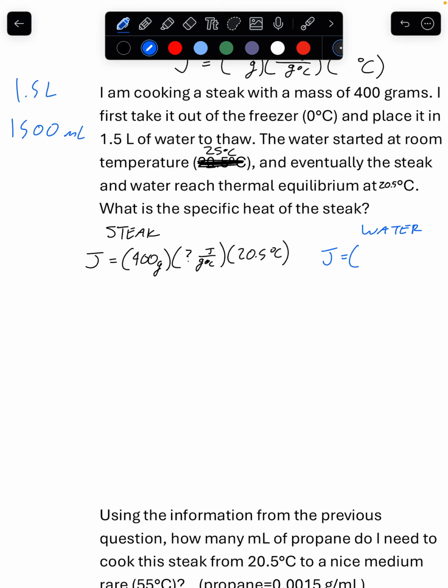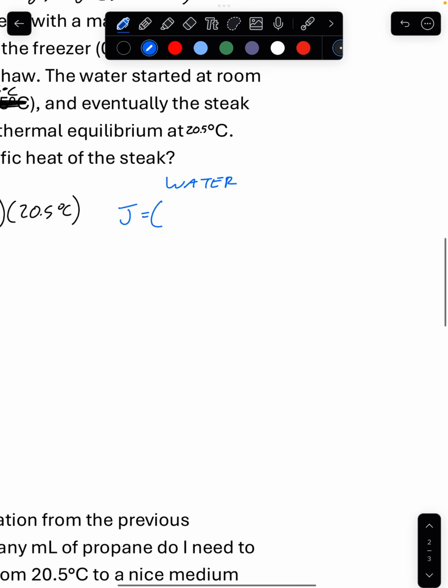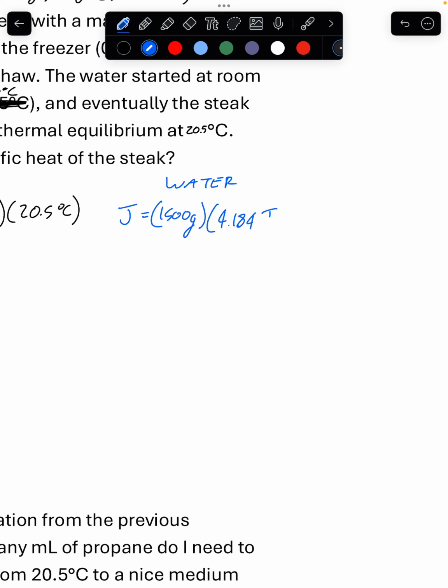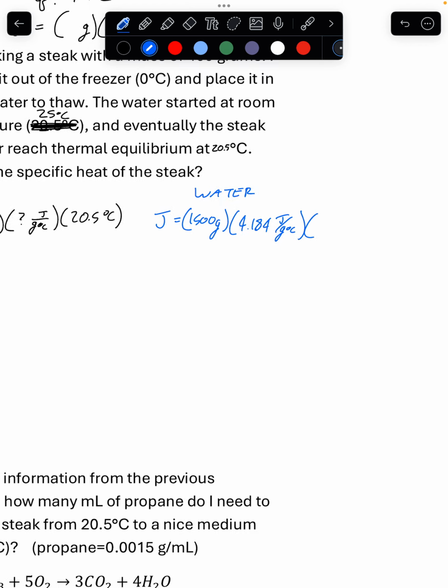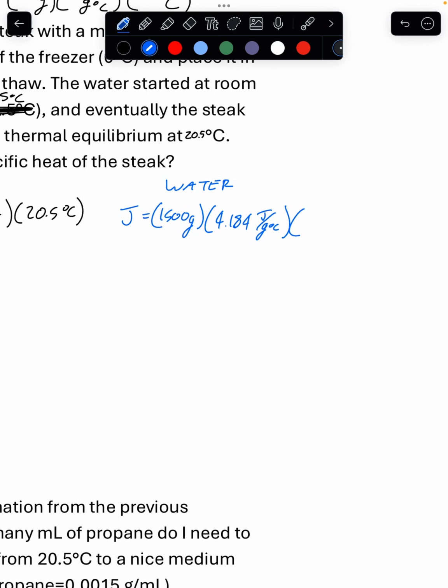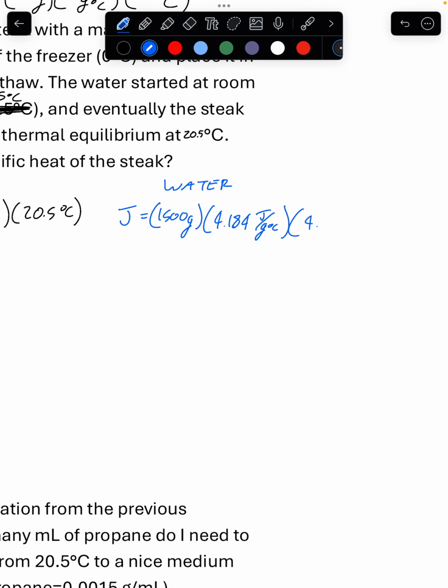And I know the density of water is 1 gram per milliliter, so I can say that that is 1,500 grams. Hopefully that's pretty quick to see. 1,500 grams of water, specific heat of water, we just have to know is 4.184 joules per gram degrees Celsius. And finally, the change in temperature, it went from 25 to 20.5. So that's a change of 4.5 degrees C.